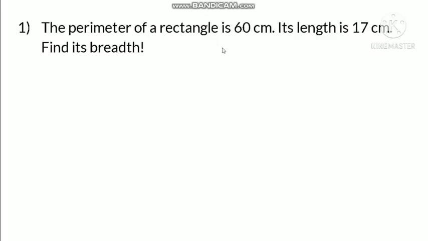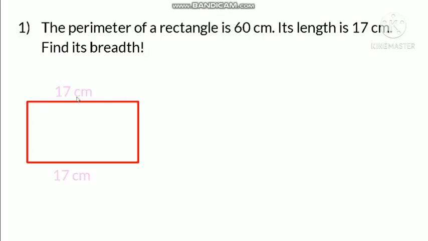To help you do the problem, the first step you can do is draw the rectangle and put all the numbers we know from the problem. We know that the length is 17 centimeters, so you can write it down here. And we know that the perimeter is 60 centimeters. The breadth is the problem we need to find out.